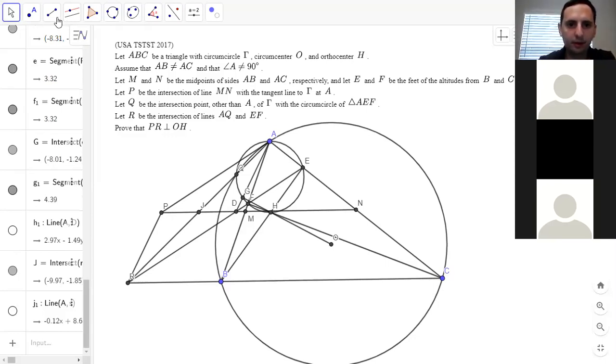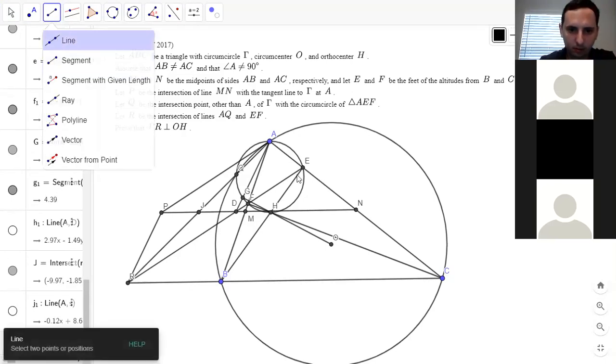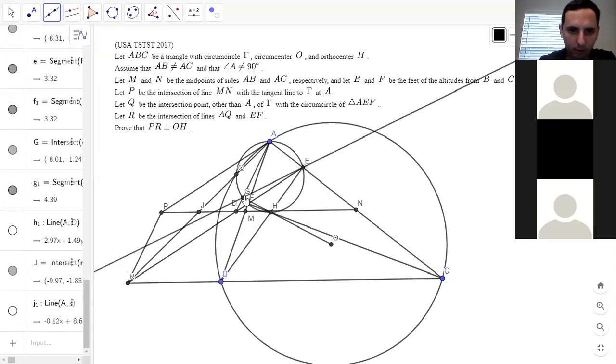I wonder if E, G, and J are collinear. I don't think they are. I'm just curious. No.